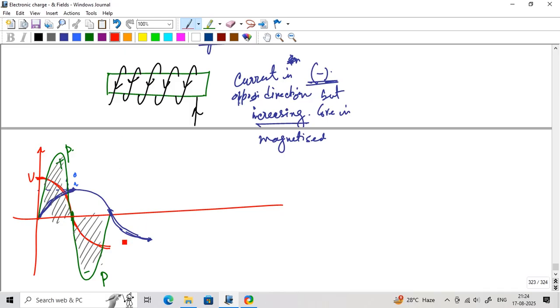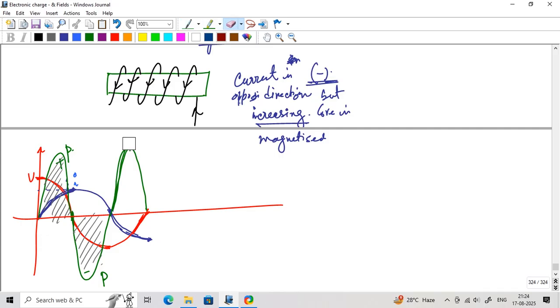So here, at that point, the voltage V and the current both are negative. So minus multiplied by minus, we get plus. So here the power is positive.